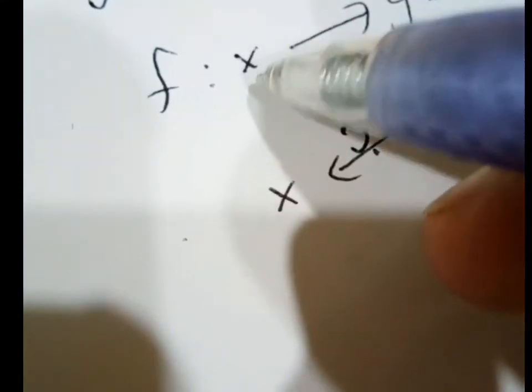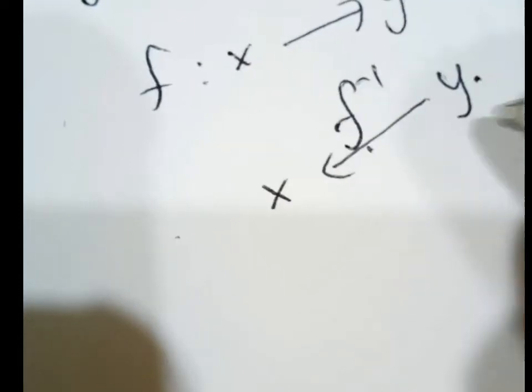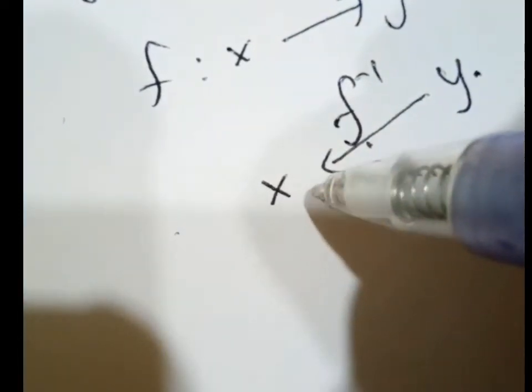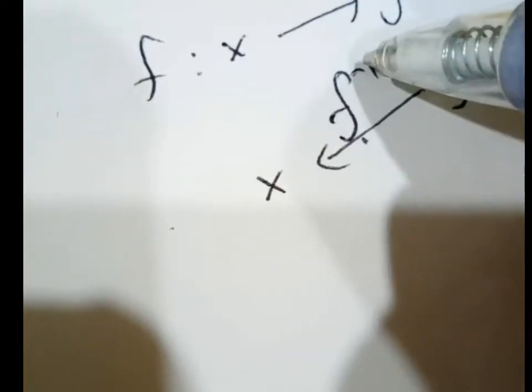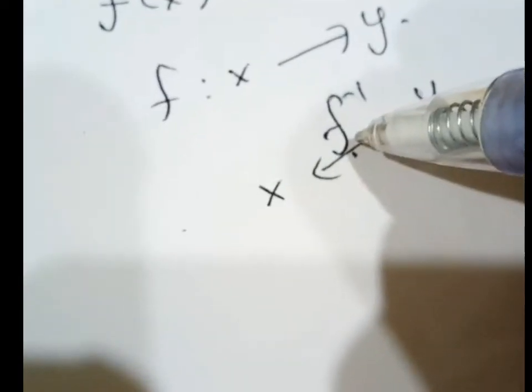Earlier x is an input and y is an output. Now the inverse function makes y the input and x the output. So the inverse of function f is written in this form, f inverse. This is called the inverse function.